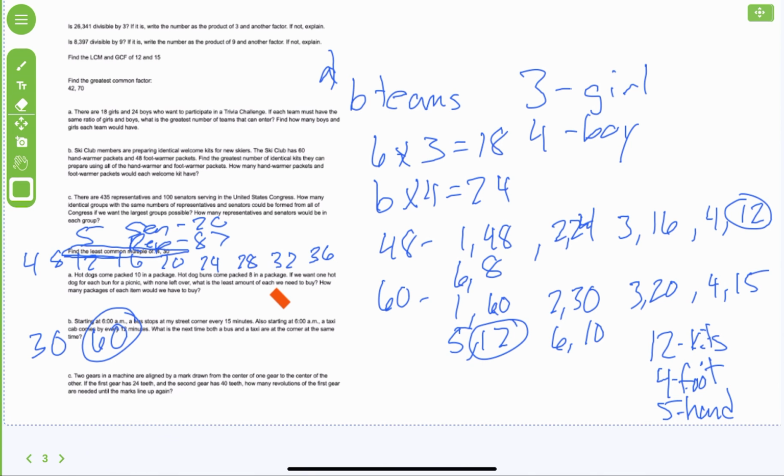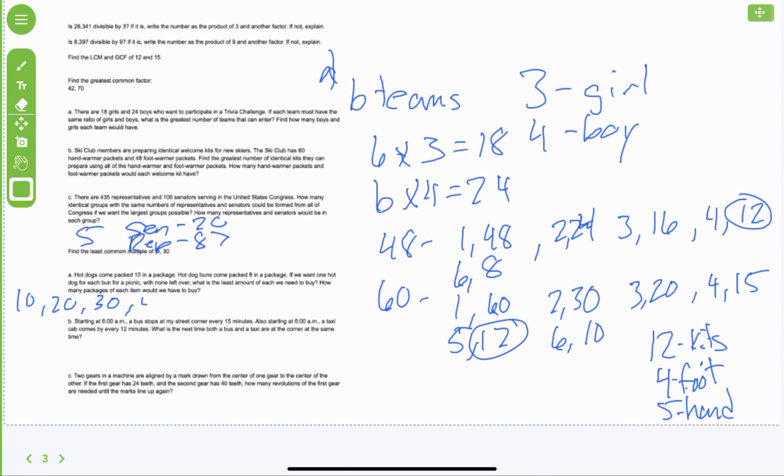Okay, so we're talking about 10 and 8 here. The easiest way to do these, I've told y'all this before, is start with the biggest number and go 10, 20, 30, 40. Now I know that 8 times 5 is equal to 40, right? So that's going to work. And 10 times 4 is equal to 40. So I'm going to have 40 hot dogs with the buns, right?